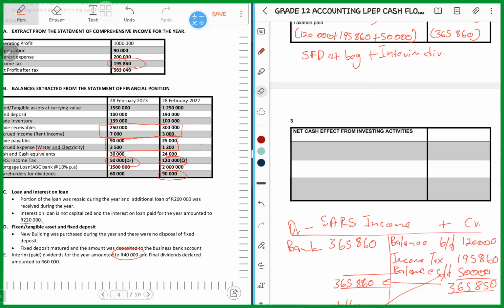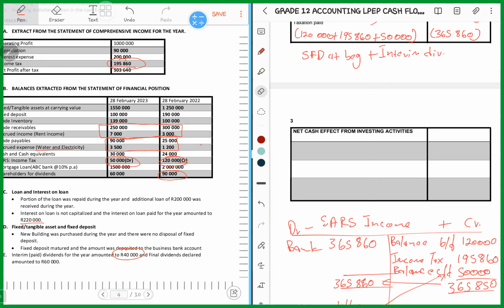But if we acquire an additional fixed asset, that'll be an outflow because we are paying cash for that purchase. If there is an increase in investment, it is an outflow. And if there is a fixed deposit that decreases, then it is an inflow.